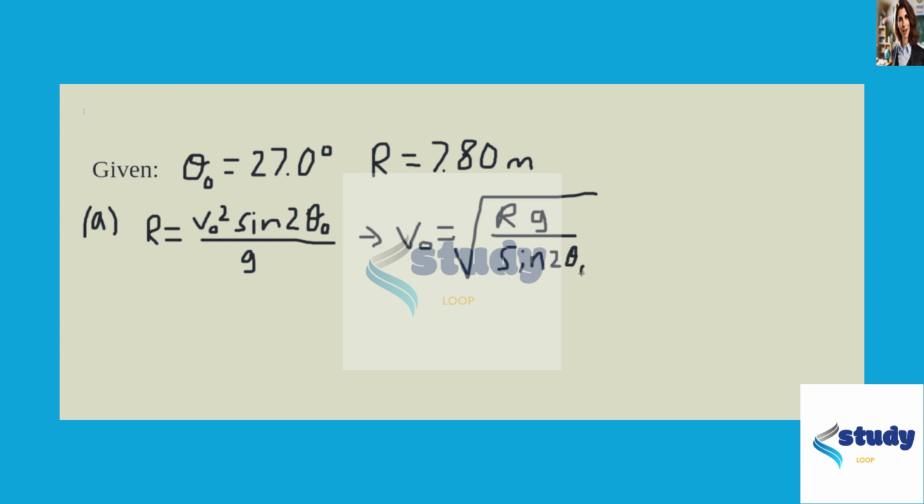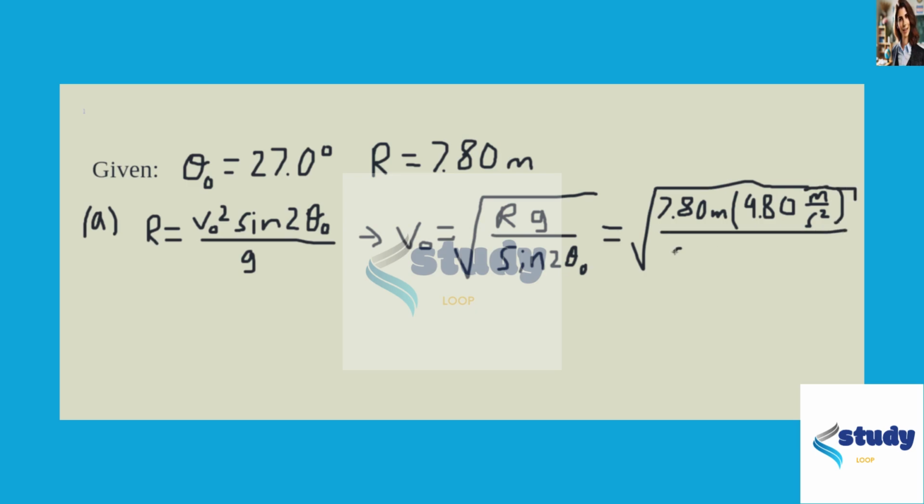Okay, and if you plug in all the values we have here, well, the range is 7.8 meters. Gravity, 9.80 meters per second squared, because it's acceleration. This is all under the square root, and this is all divided by sine 2 theta.